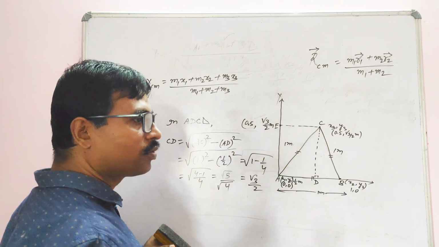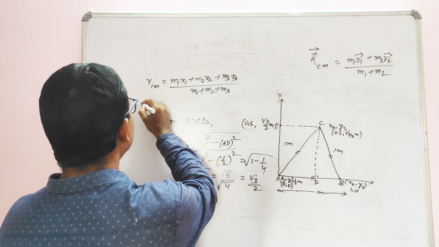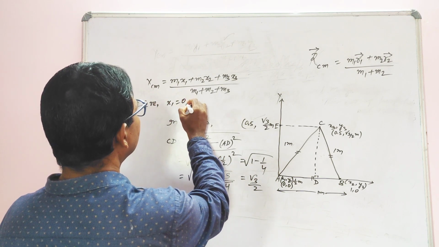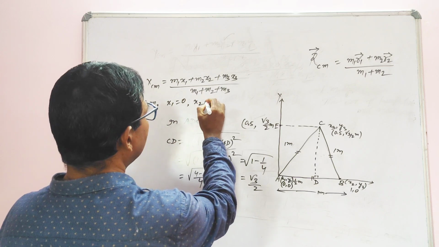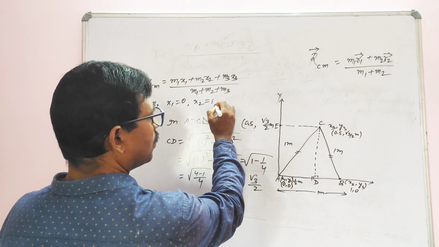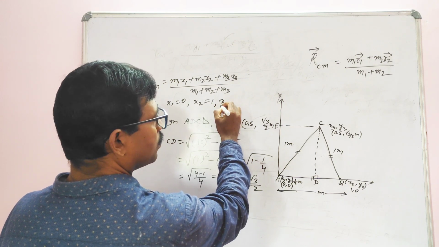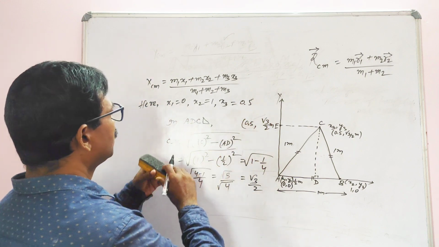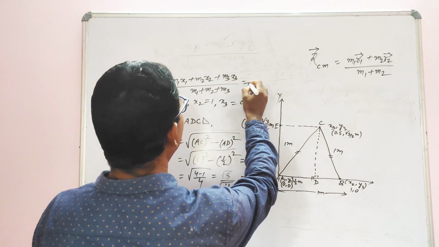Anyway, now put the value here. X1 is equal to 0, x2 is equal to 1, x3 is equal to 0.5. Now only put the value.